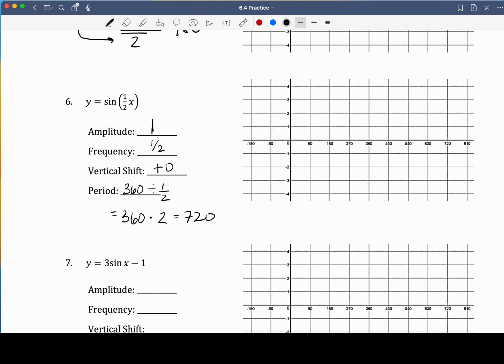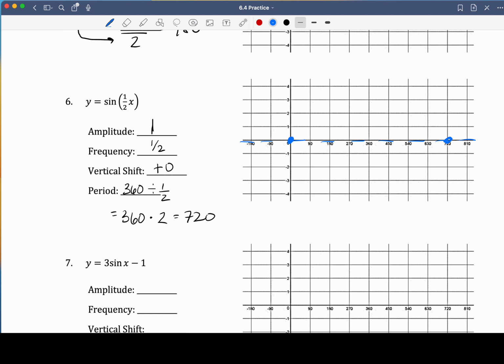Now maybe you can see why I'm only having you graph one period. Because now we had a lot of wasted space, but in this case we're going to go all the way to 720. So our vertical shift is 0. We haven't moved anywhere. And then we have sine, so we're going to start at 0. And we're going to go all the way to 720, way out here.